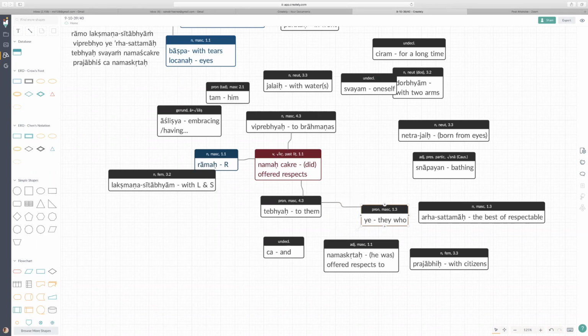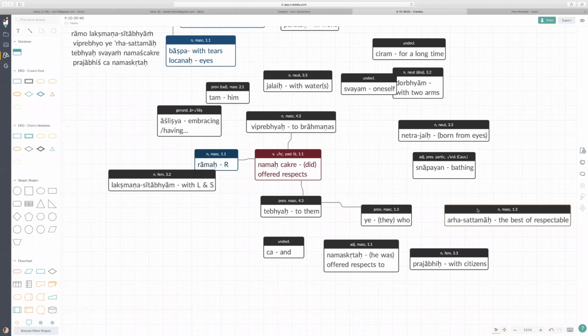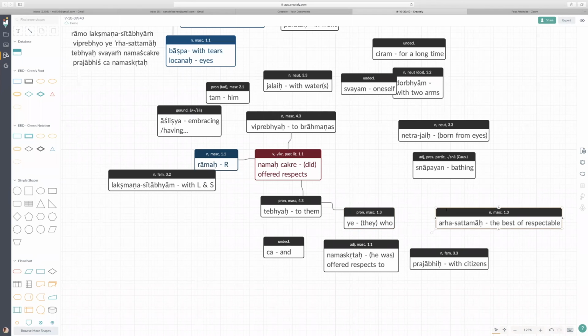Tebhyaha ye: Rama offered respects to them who are the best of respectable. It's a small, tiny sentence, a relative clause. Grammatically it is called a dependent sentence on the main sentence. And in order to make it a sentence, what do I need? They who, the best of respectable.